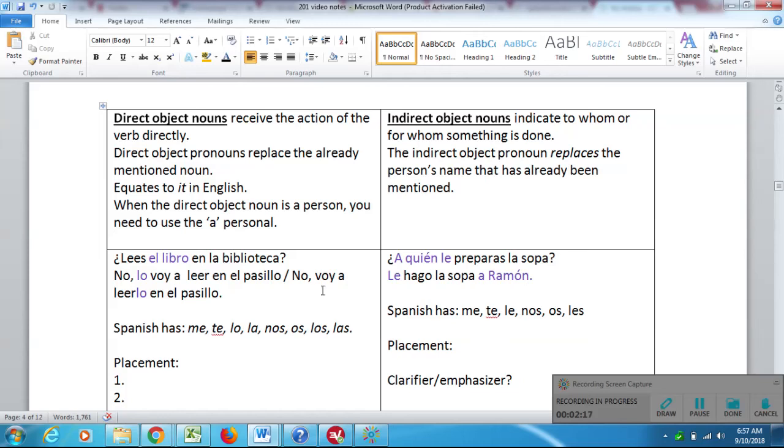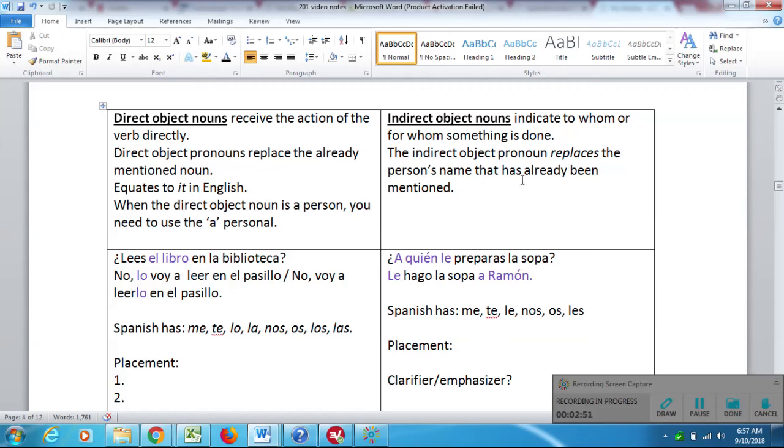We can put it before the conjugated verb, as in lo voy, or if there are two verbs, as in voy a leer, we can also stick it on the end of our infinitive, voy a leerlo. So placement, if there's one verb, it goes before the conjugated verb. If we've got two, it can go in two places, before the conjugated verb or at the end of the infinitive.